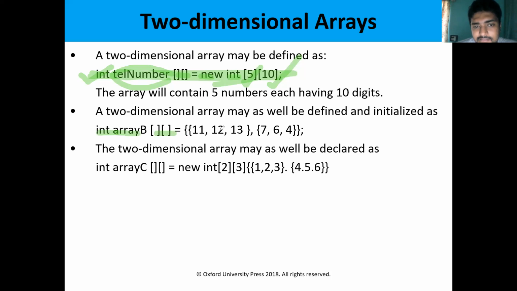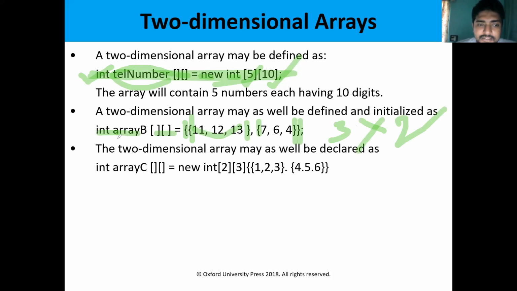These elements are initialized like this within the braces. This is the 1 dimension, this is the 2 dimension. This is a 3 by 2 matrix. Generally matrices are represented by 2-dimensional arrays.